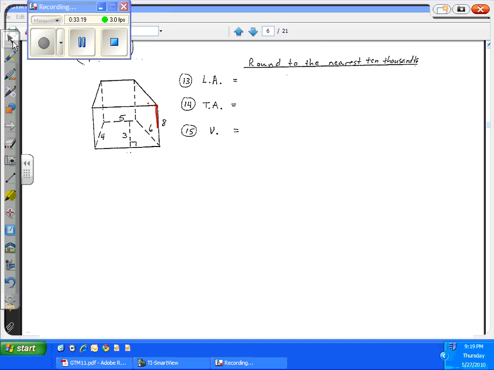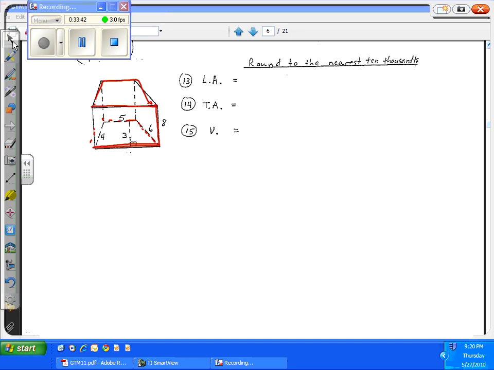Lateral area. Now, to find the lateral area, we're thinking about all the sides. So it's like we're going to cut that, and we're going to fold all these sides out until we get all the way around and back to here. And so we're folding all of those sides of this thing out into one big long rectangle.